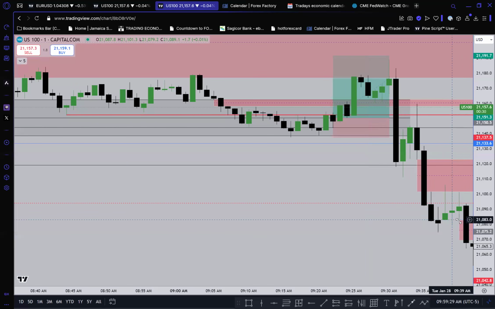So the last thing we did before that time was a big FVG taking a low. A big FVG taking a low means nothing. Closing above a big FVG that took a low means something.